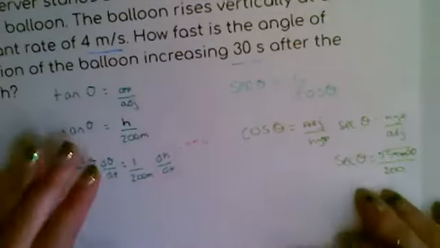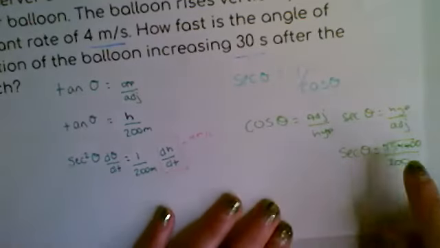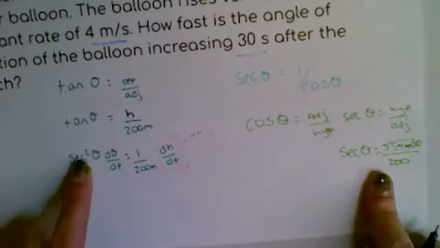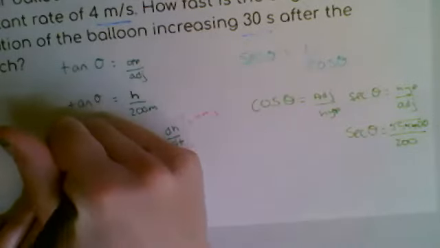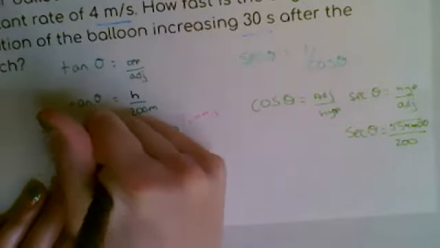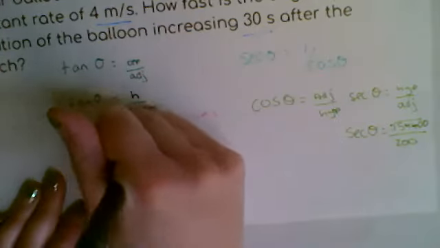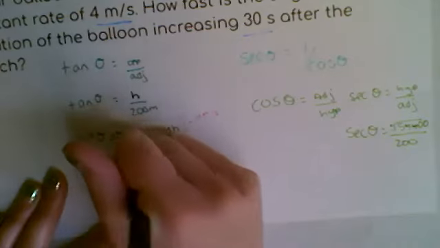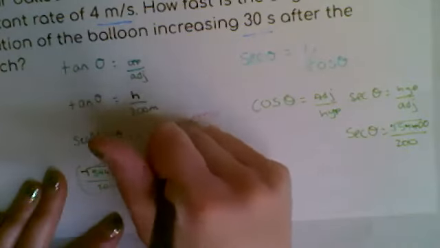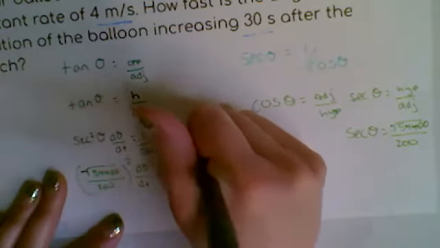Now I can actually plug that in here, except I'm going to need to square it. So the square root of 54,400 over 200, squared, times d theta/dt equals 1 over 200 meters times 4 meters per second.